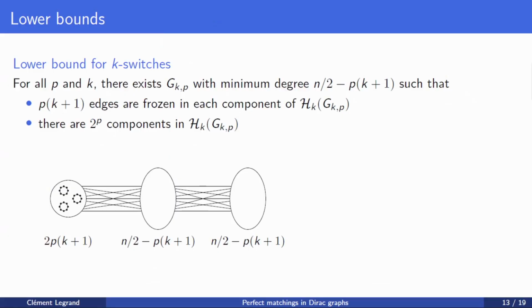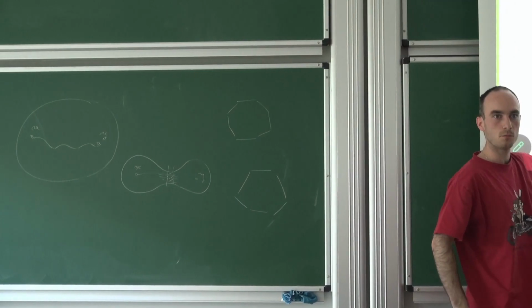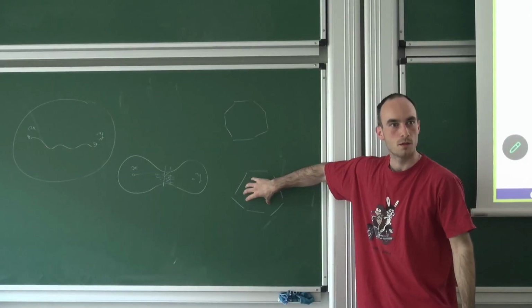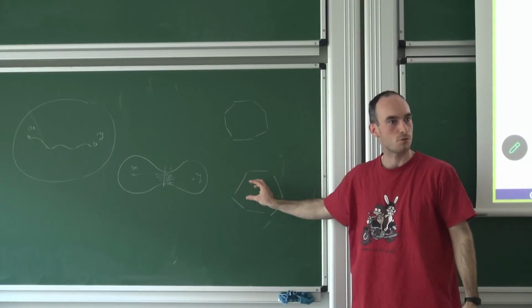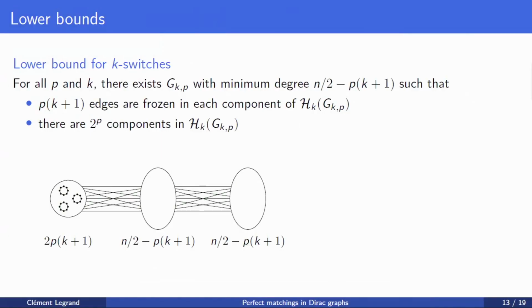So because they are cycles, there's 2 possibilities for each cycle. You can have either this or this. And because they are of size 2k plus 1, with a k switch, I cannot go from one position of my cycle to the other. So this thing is actually frozen.